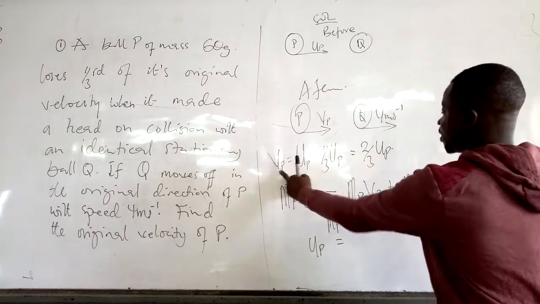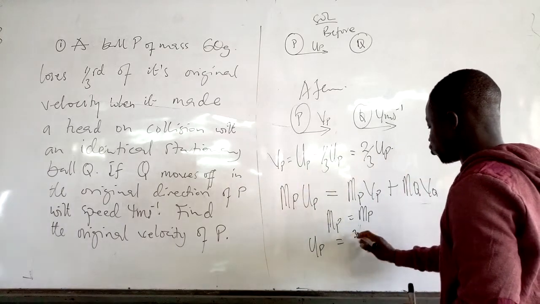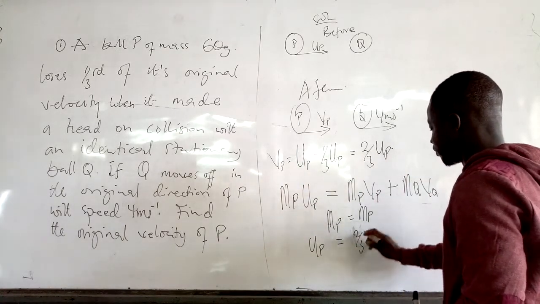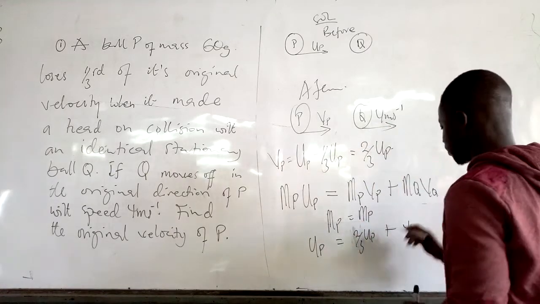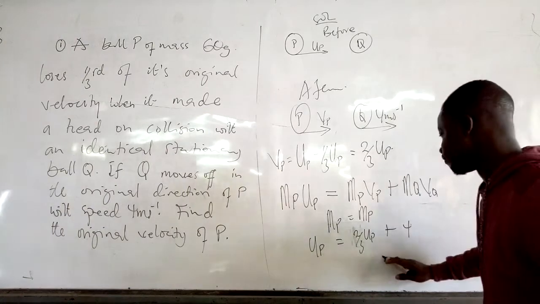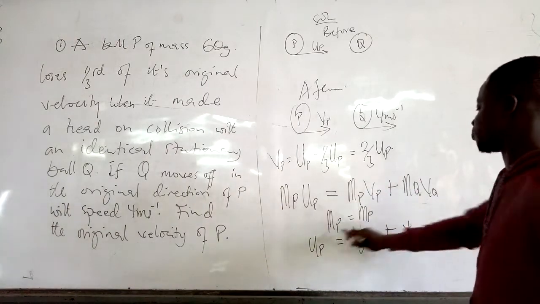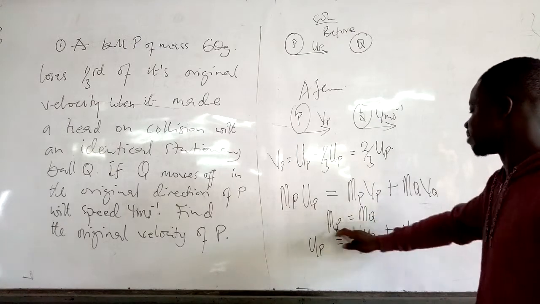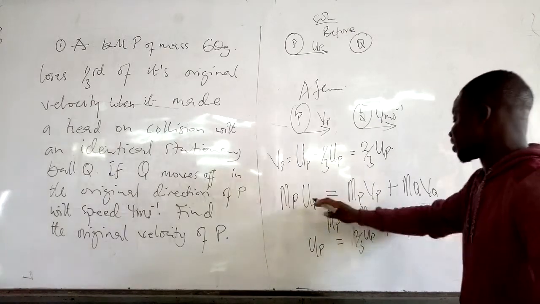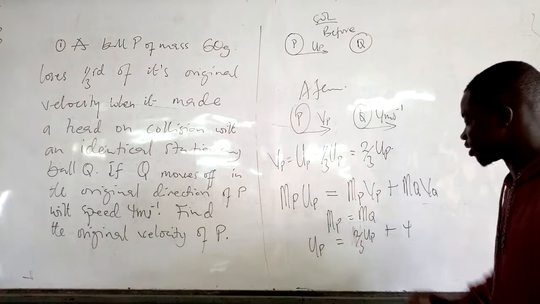But you know VP is given by this. That will give me 2/3 UP plus VQ, which is 4. Remember that the masses will cancel out because MP is equal to MQ. That is why the final equation has become like this.